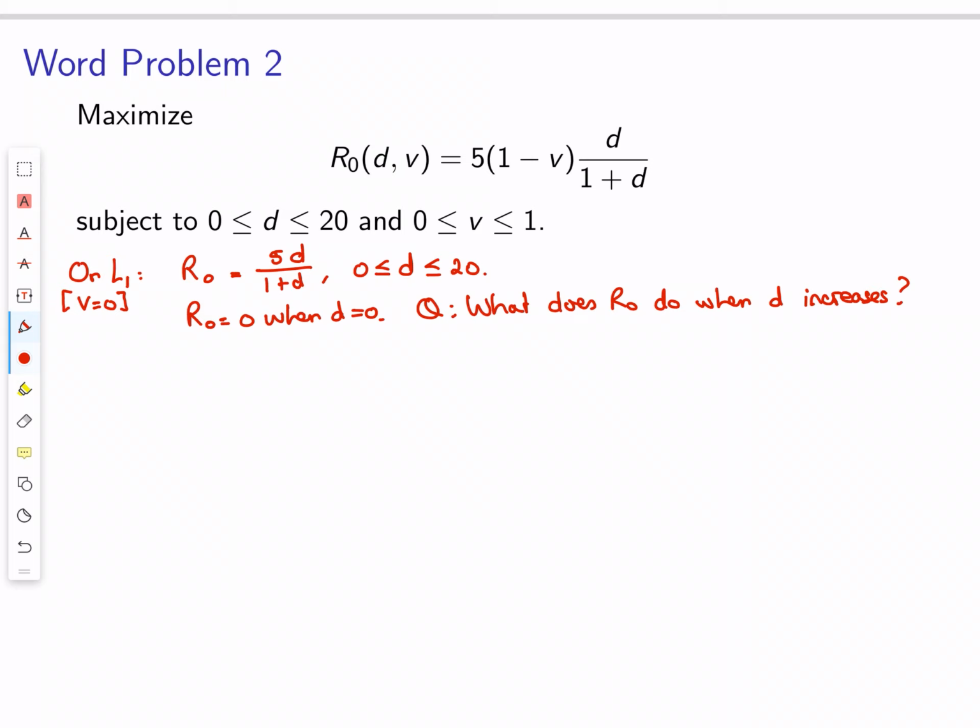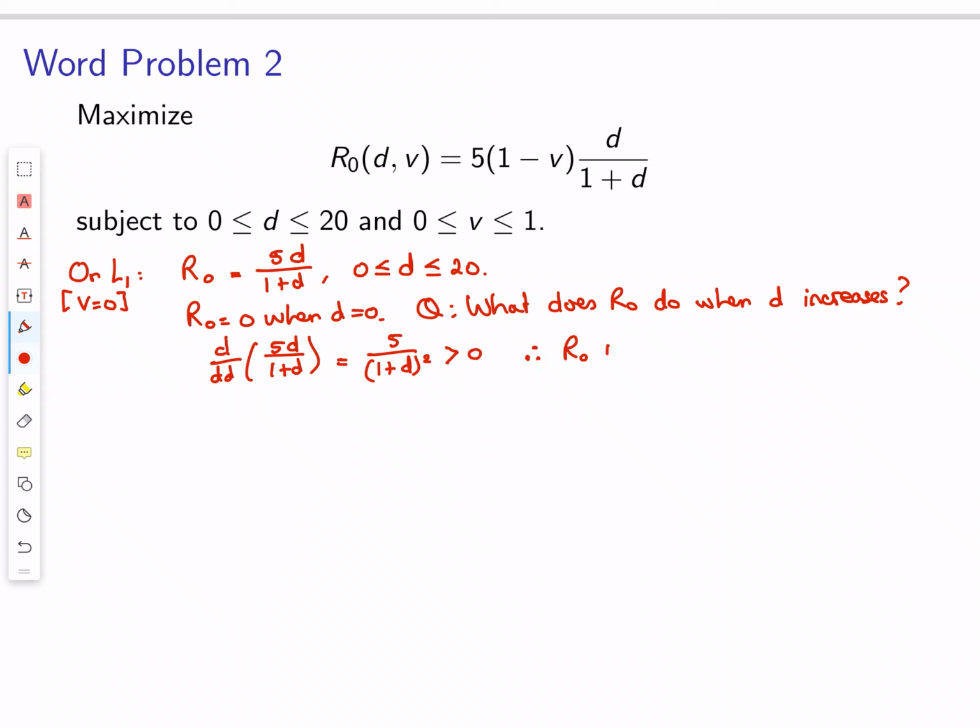Well, I can calculate the derivative of 5D over 1 plus D with respect to D. It's a bit confusing with all those D's, but we're taking the derivative with respect to D, and we've already done this before. It's just going to be 5 over 1 plus D squared, and that is a positive function.